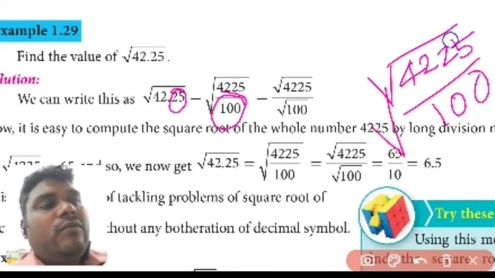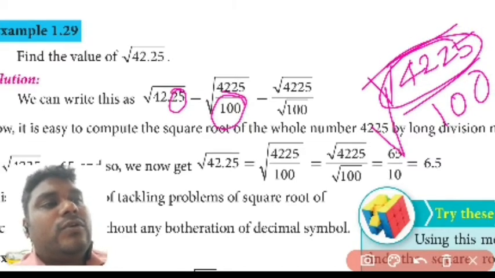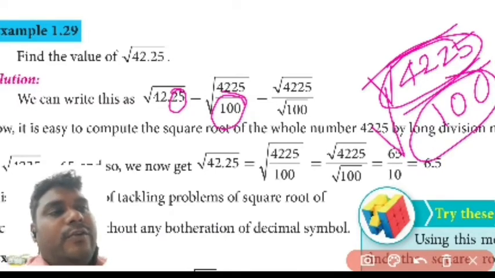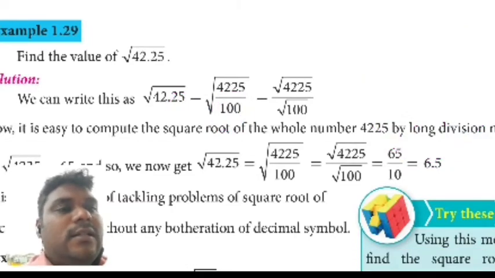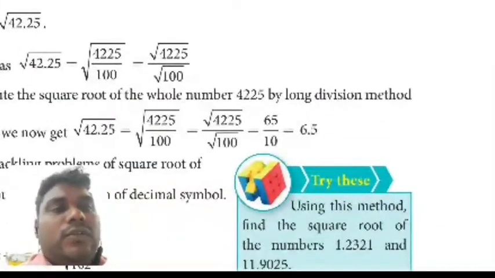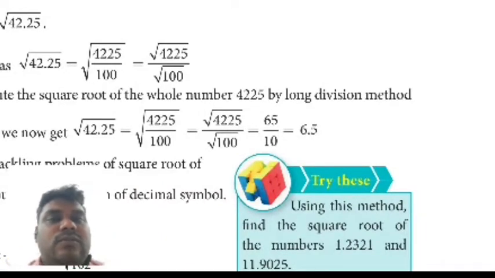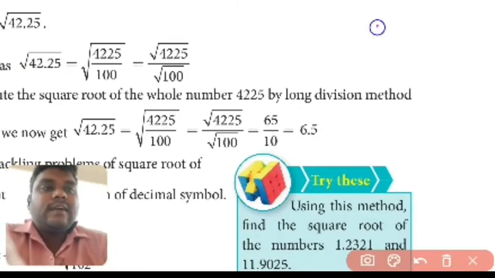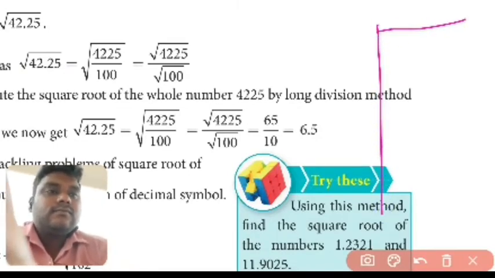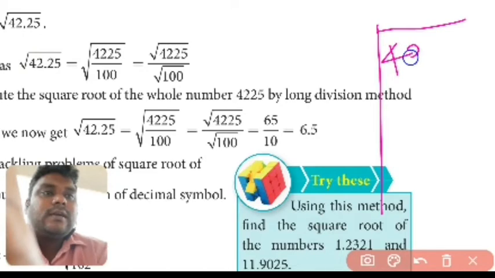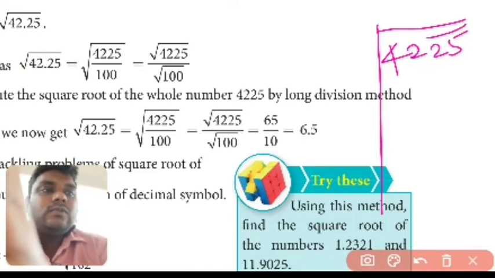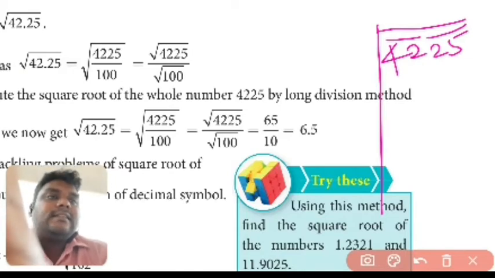Now we find the square root of 4225, and we know that the square root of 100 is 10. Here they have not shown how to find the square root of 4225, so listen. 4225 has 2 periods, so there are 2 digits in the answer.